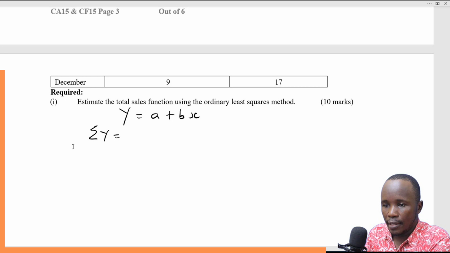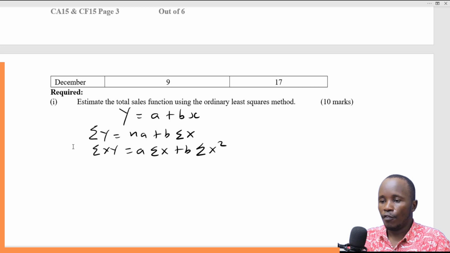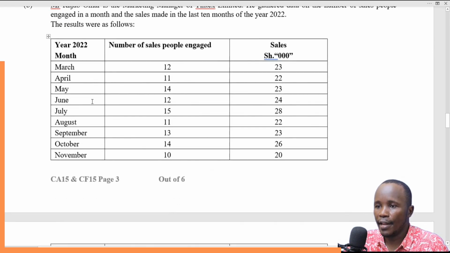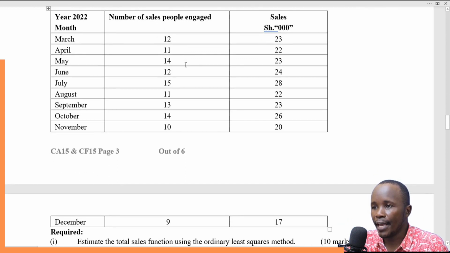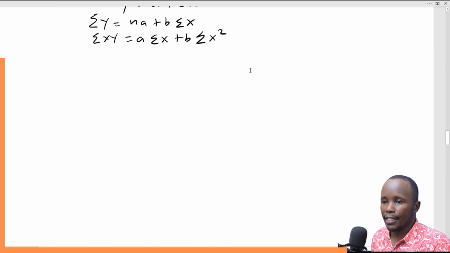Summation of y is equals to na plus b summation of x, and summation of xy is equals to a summation of x plus b summation of x squared. From my workings here, the number of sales people engaged will be x and this will be y. So I will create a table.